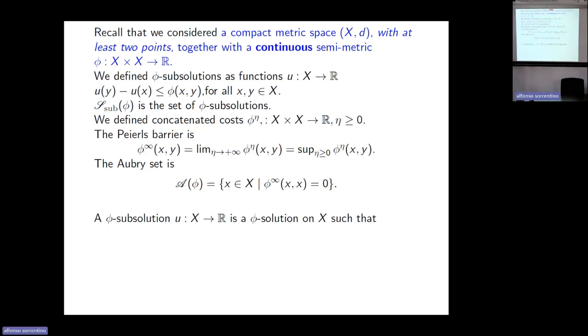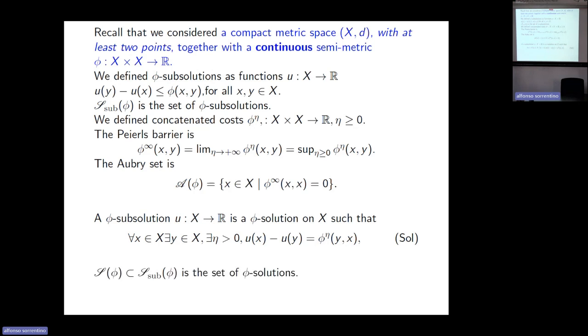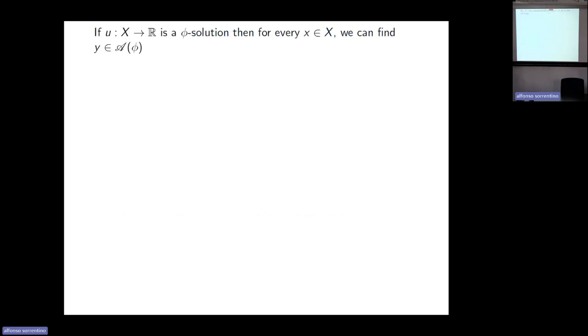And with this, we define phi solutions as the set of phi subsolutions which satisfy the following condition: for every x in X, there exists a y in X and eta positive such that u(x) minus u(y) is phi_eta of (y, x), sorry. So the set of solutions is a subset of the set of phi subsolutions.